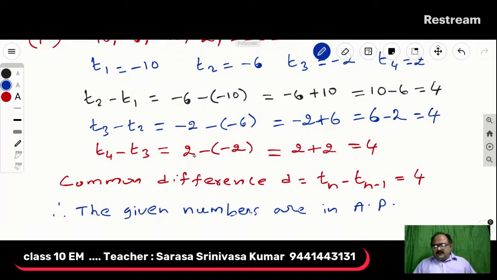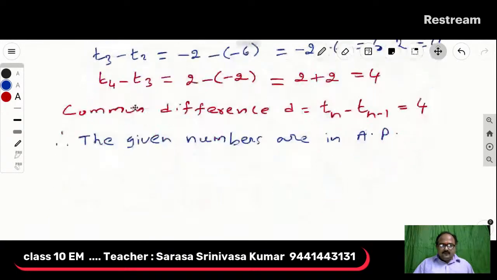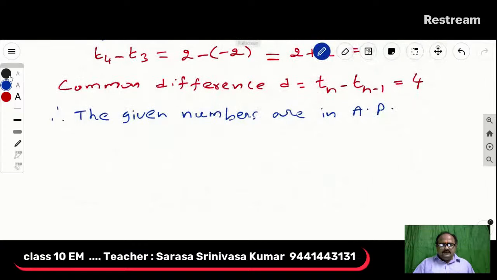If these numbers are in arithmetic progression, then we have to find T5, T6, T7. Now we find nth term. Nth term in arithmetic progression, nth term Tn equal to a plus n minus 1 d.